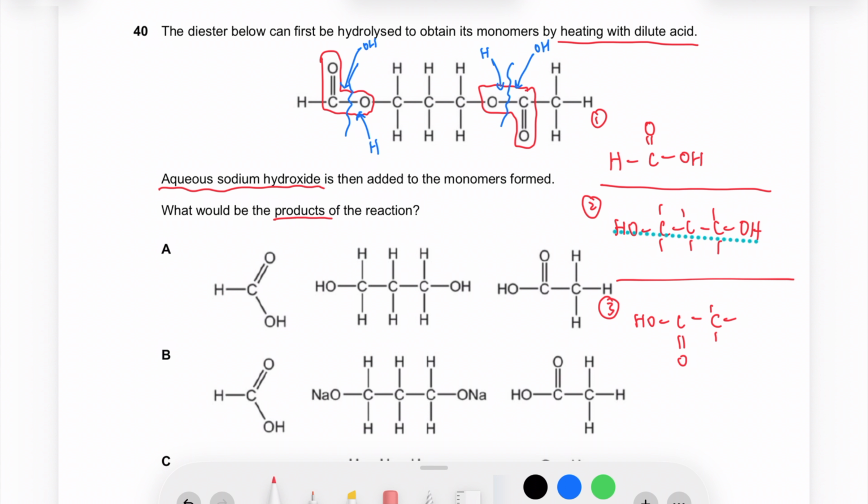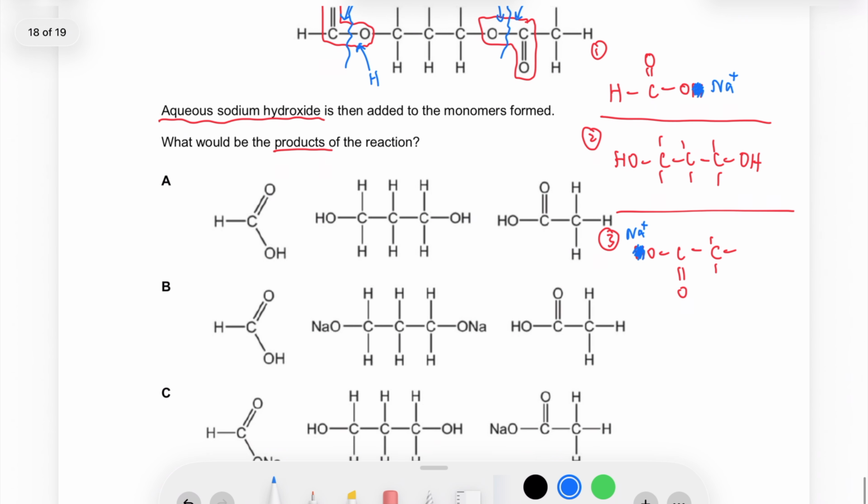After that, you're going to add sodium hydroxide. When you add sodium hydroxide, what's going to change is this hydrogen will be replaced with a Na. This will not react. This will be replaced by Na because it's an acid. All right, that's the final answer.